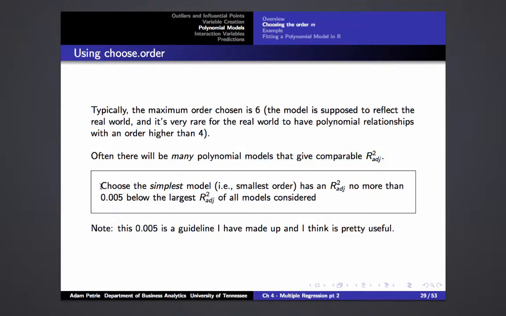So what I'm going to do instead is choose the simplest model, the one with the smallest order, that has an R squared adjusted that's not too much worse than the overall best that was seen. My guideline, and this is my own, you won't see this anywhere else really, but I think it's pretty useful, is I'm going to choose the simplest model that has an R squared adjusted no more than 0.005 below the very largest that was observed.